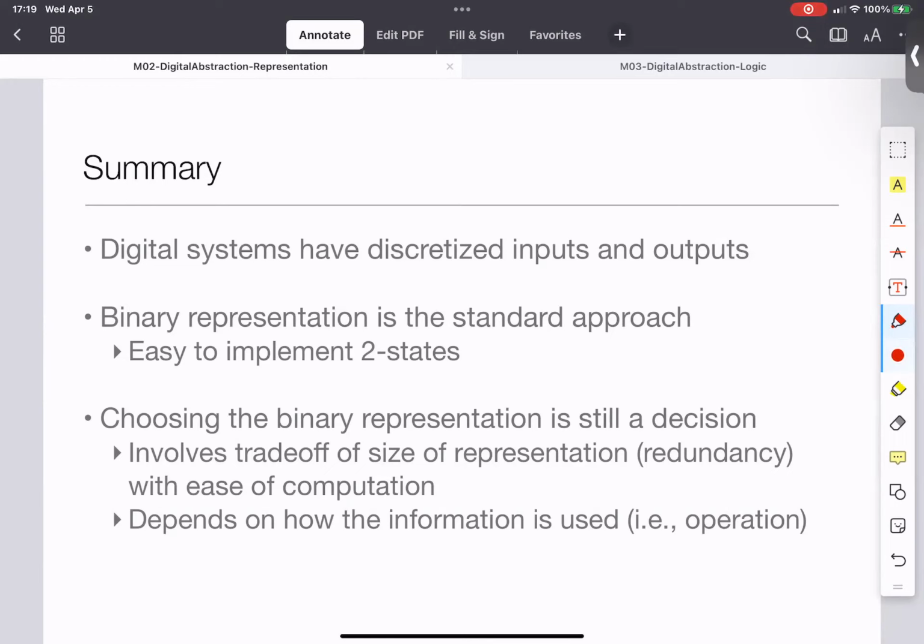Probably the biggest takeaway is that digital systems have the property of self-renewal: every stage cleans up the signals. Unlike analog systems where error builds up, here every stage cleans up the signal so that I can cascade large numbers of them to create very robust systems.